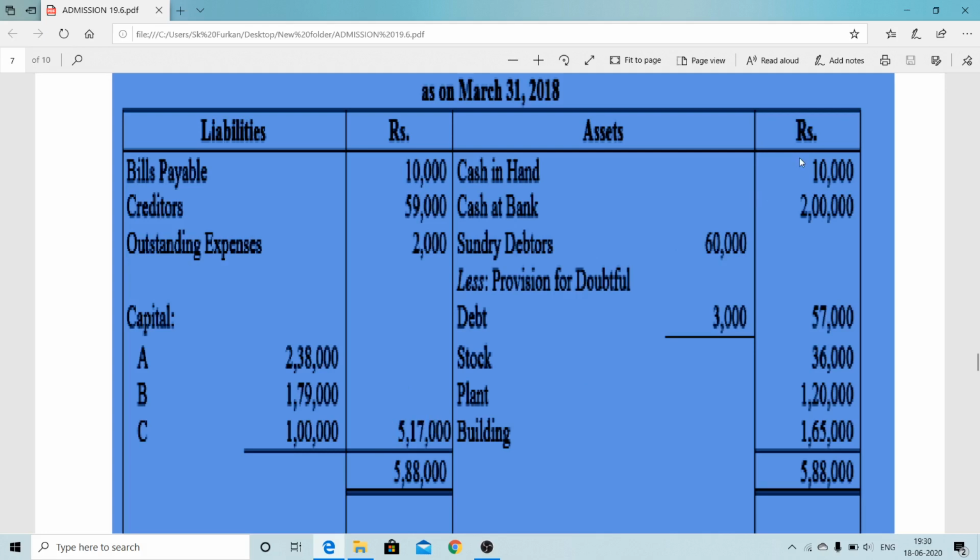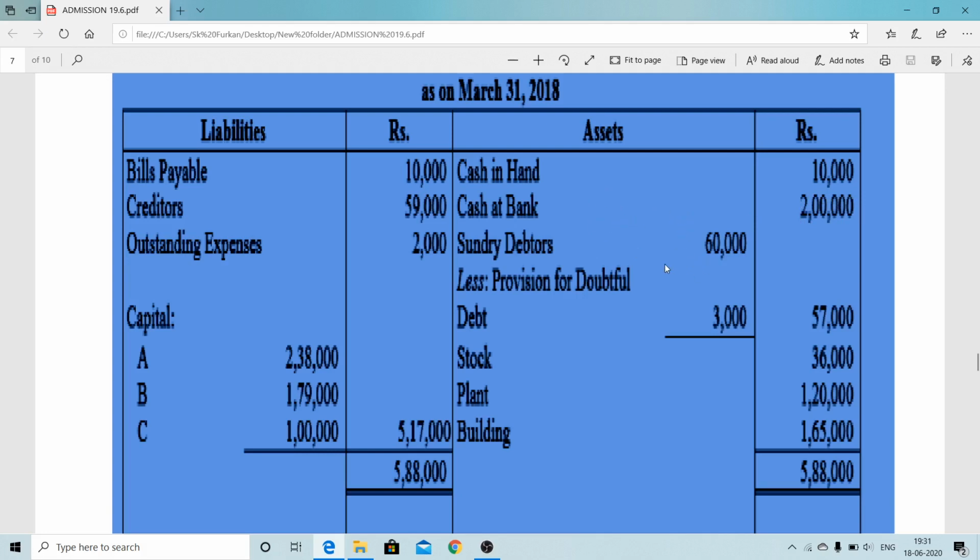Cash in hand 10,000 remains unchanged. Cash at bank changes. Old balance sheet figure 40,000 plus new partner's contribution 1 lakh for his capital and 60,000 for his goodwill. So 1,60,000 plus 40,000, 2 lakh cash at bank, that is the present figure. We can show it in brackets here like 40 plus 1 lakh plus 60,000.